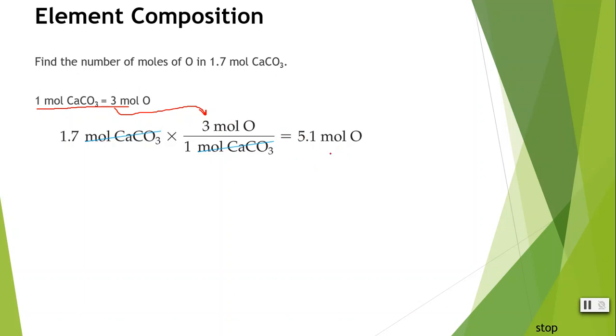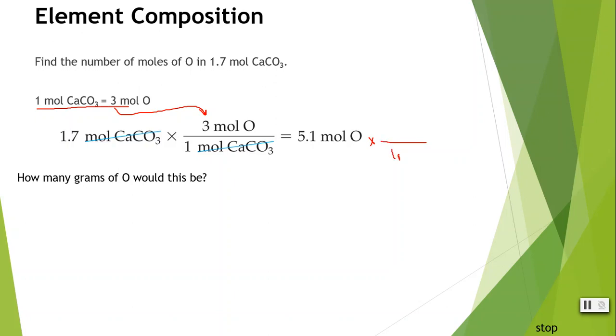So we can kick it up a notch. What if I was to ask you how many grams of oxygen that would be? Well, I already know how many moles of oxygen I have. How could I go from moles of oxygen to grams of oxygen? That means I'm going to use the molar mass of oxygen from the periodic table.